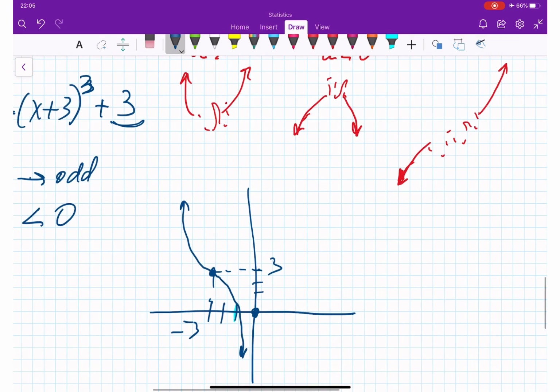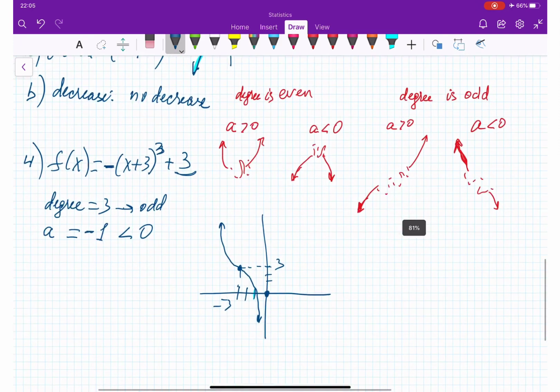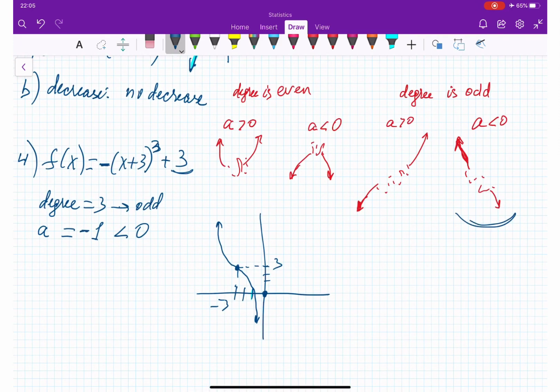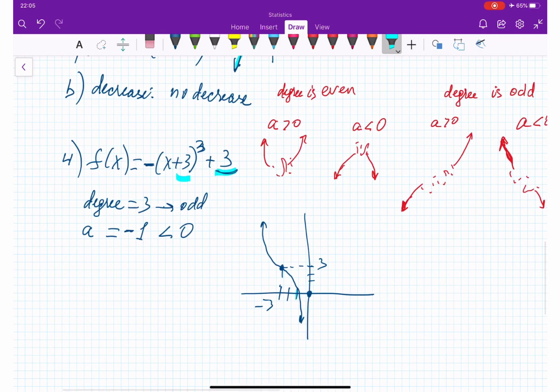See, the shape is the same as we showed here, with the difference that instead of going through 0, it went through negative 3 here and positive 3 here. Okay? All right. So A, let's talk about increase.